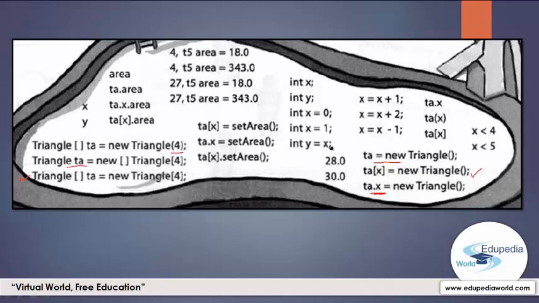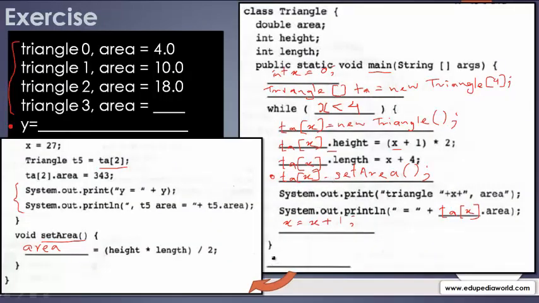So the value of x is copied into the variable y. So this one is taken in this blank space over here. int y equals the value in the variable x. At the end, the semicolon.